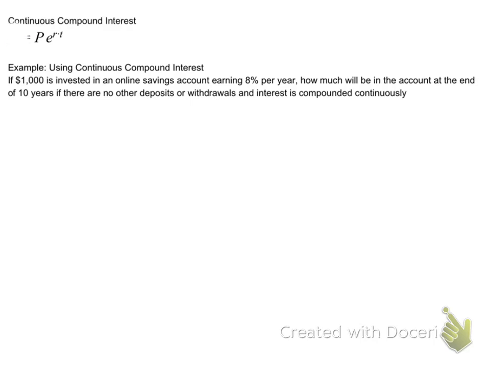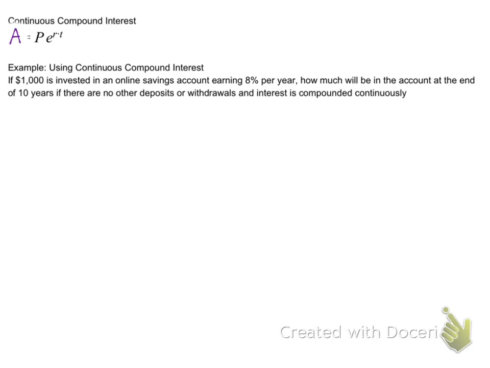A equals P times e to the rt. That's an e, the e on your calculator. When I use e, it's continuously being looked at. So it's not going to be a huge improvement over daily.